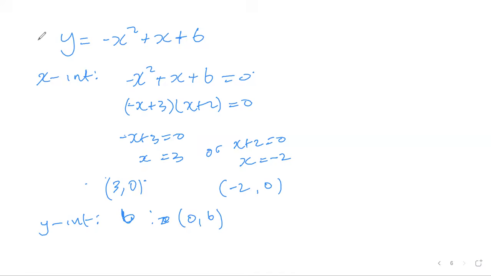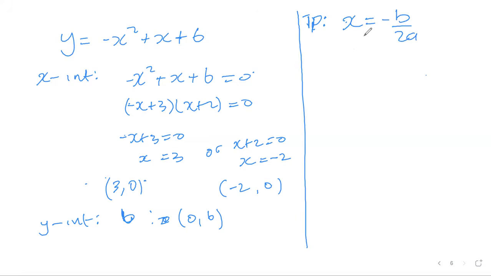Okay, next we look for our turning point or vertex. So the formula for the turning point: it's a point, so it has an x and a y coordinate. Its x coordinate is given by x equals negative b over 2a.